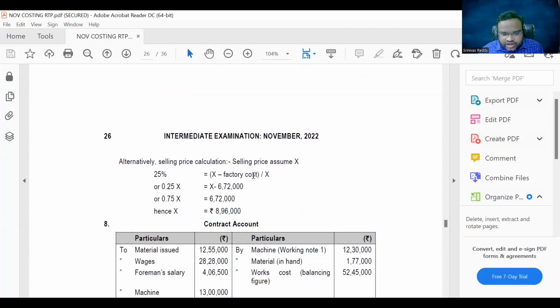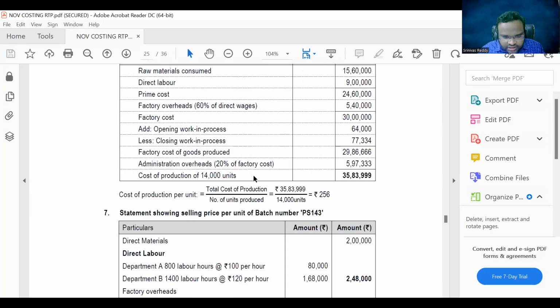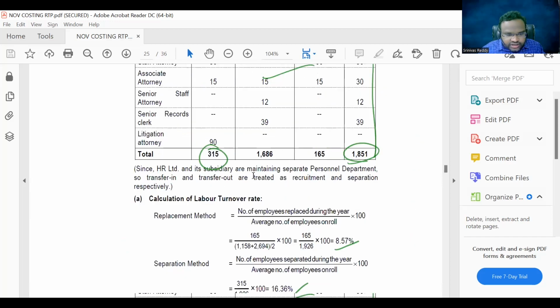They have also given it alternatively, if 25% is selling price, X minus factory cost divided by X. Anyway, it is better to assume gross profit 25%, gross profit to sales. What would be there? It will be admin overheads and profit. So 10% for admin overheads, 15% for profit. Find out the selling price per unit. Right, let us move to question number 8.